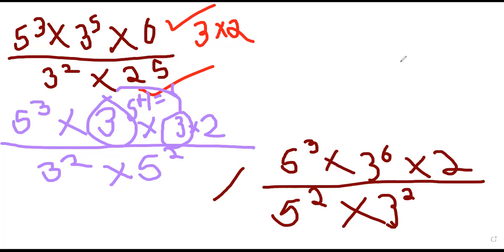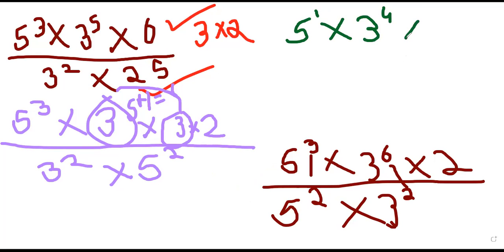So here it becomes 3 minus 2, 1, and 6 minus 2, 4. So it will become 5 to the power 1 into 3 to the power 4 into 2.